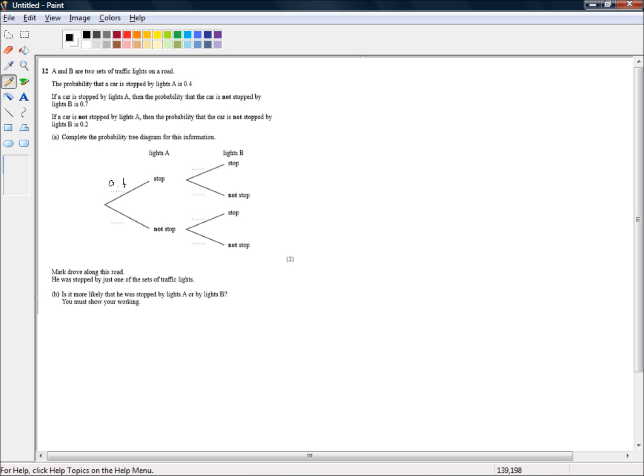Now we know that going down, the probabilities must add up to 1. So if this is 0.4, then this must be 0.6. So the probability that the car is not stopped by lights A is 0.6.